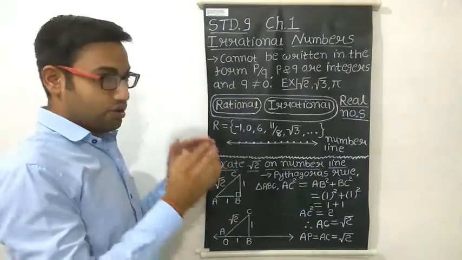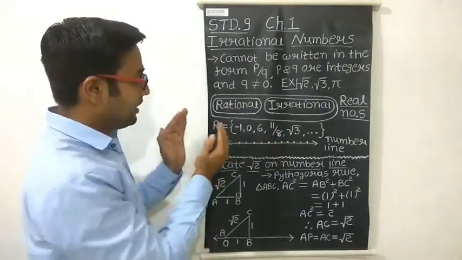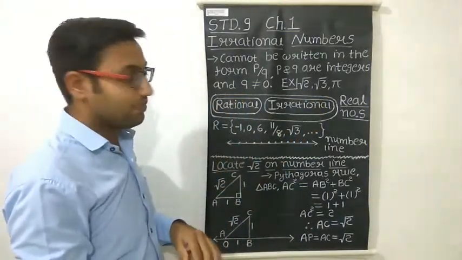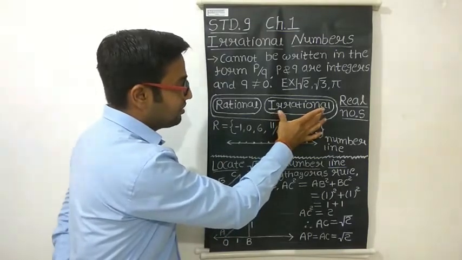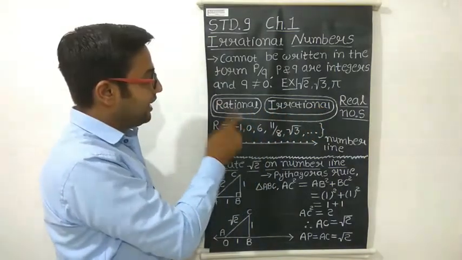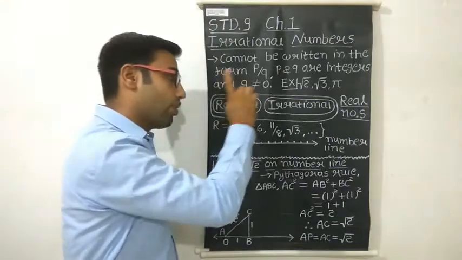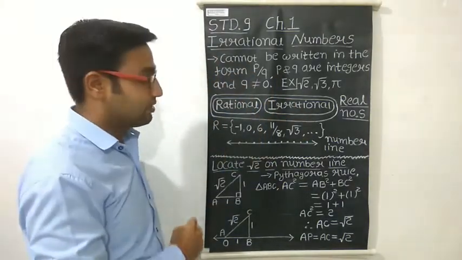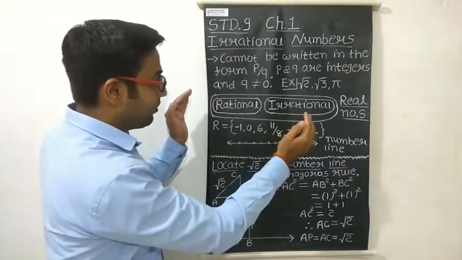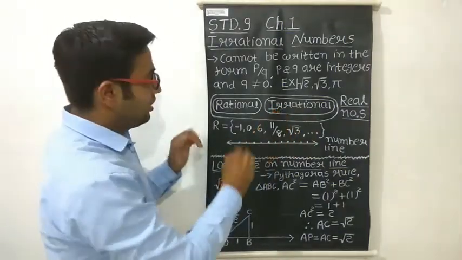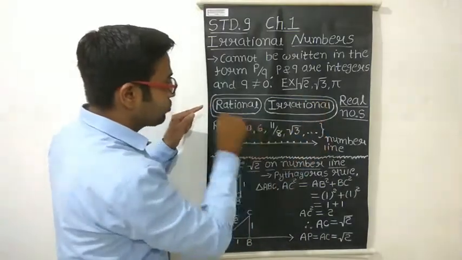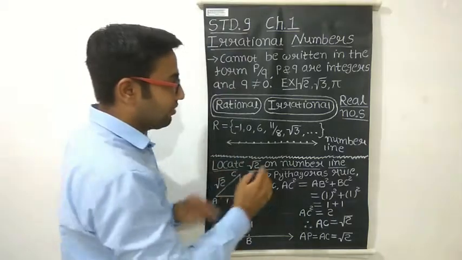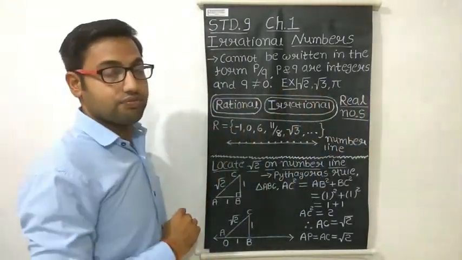So now there are two different sets. One is the rational number set and the second one is the irrational number set. Any member of rationals is not irrational, and any number which is rational cannot be irrational. So these are two different sets of numbers. But what will happen if we put together all the numbers? By taking all the numbers together, rational and irrational, the new number set is called the real numbers, right?